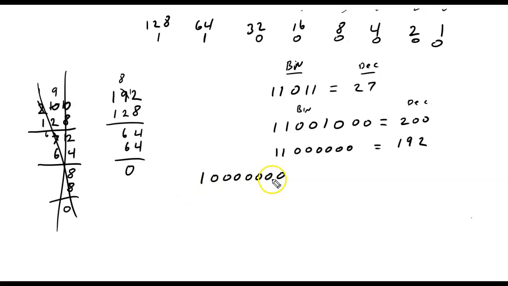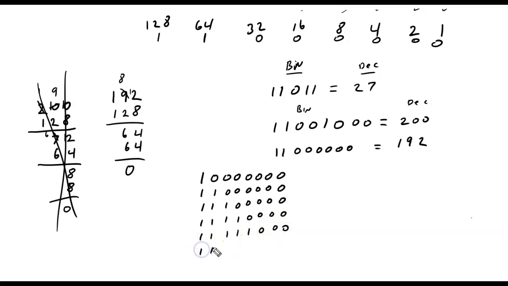You only need to do this for 8 bits. 2 ones, 3 ones, 4 ones, 5 ones, 6 ones, 7 ones, and 8 ones. Now, this will be helpful to you later on.